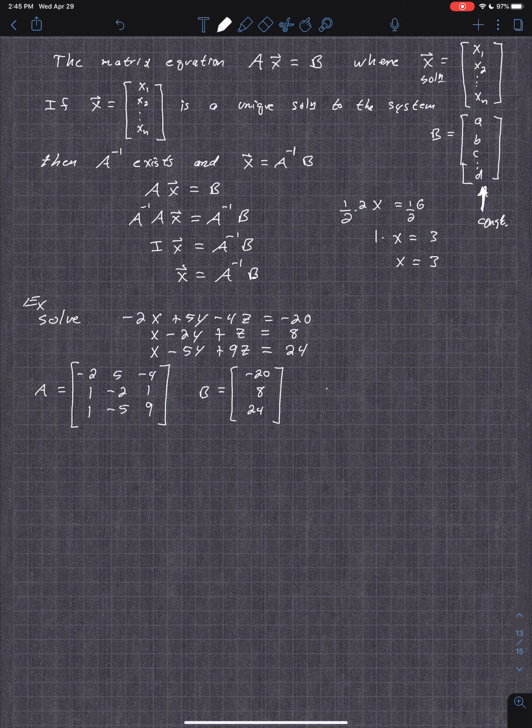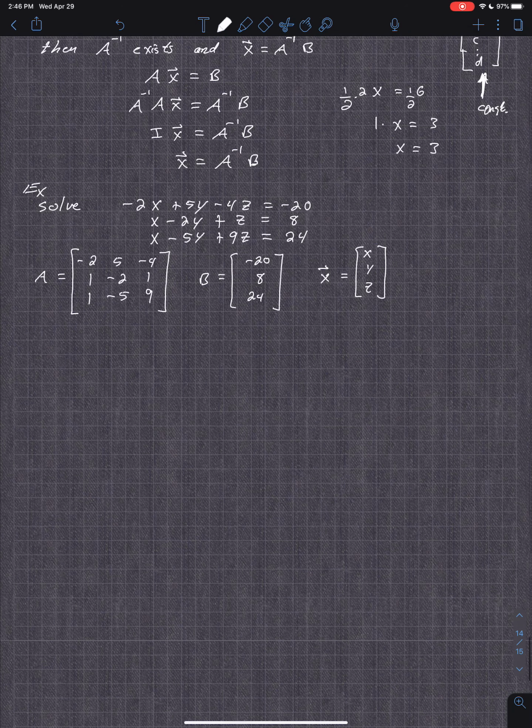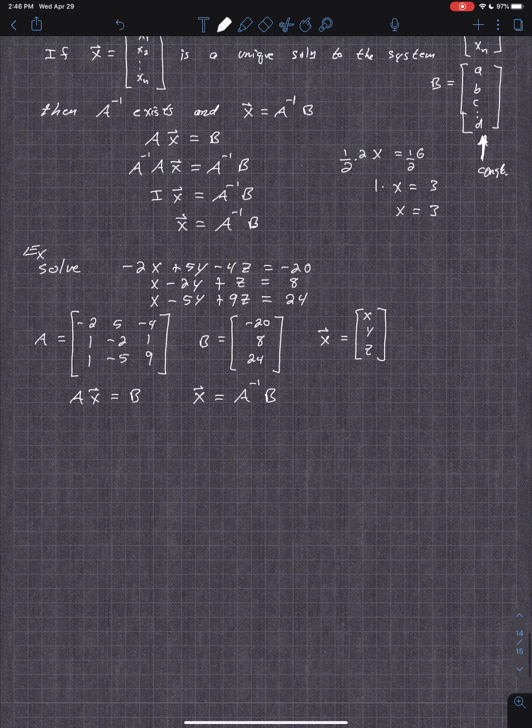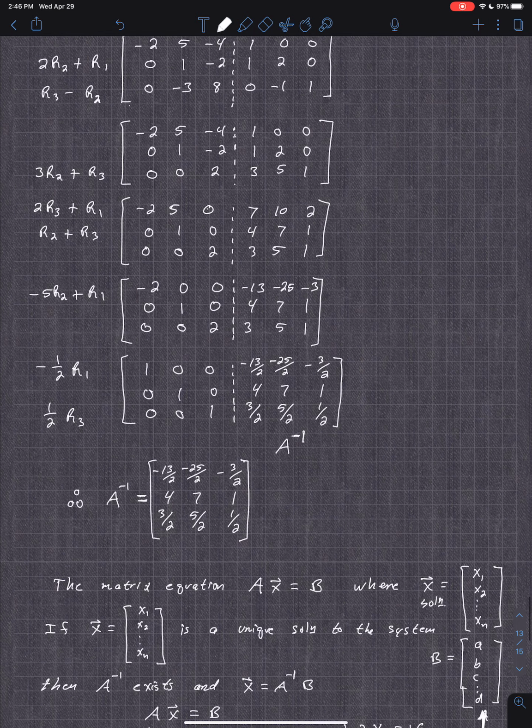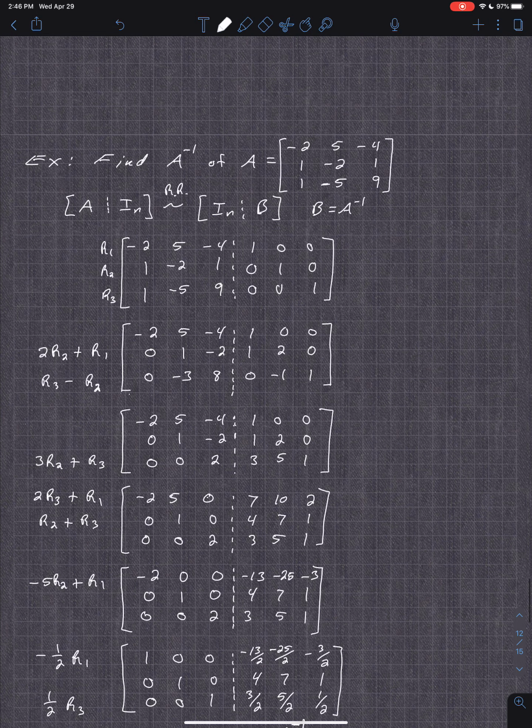Then X in this case is x, y, z, that column vector. So you have that form AX equal to B, or X is equal to A inverse times B. That's the solution. Now, look at A. That's the same matrix.